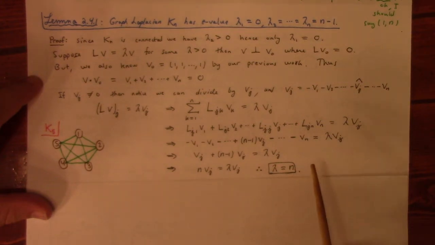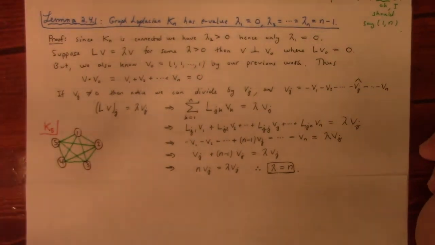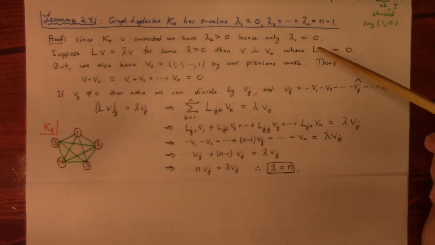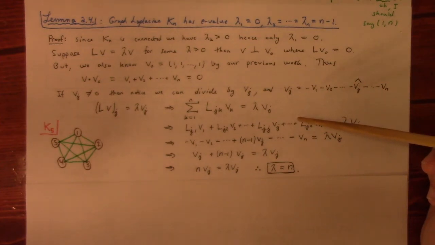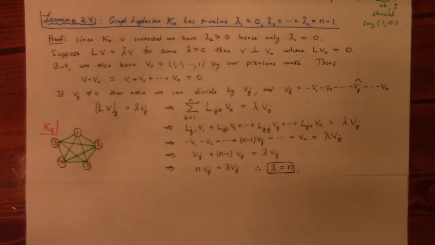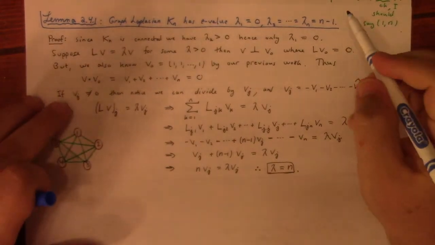And, oh man, I wanted to get lambda equals n minus 1. What has happened here? Well, I'm going to say this is a typo.